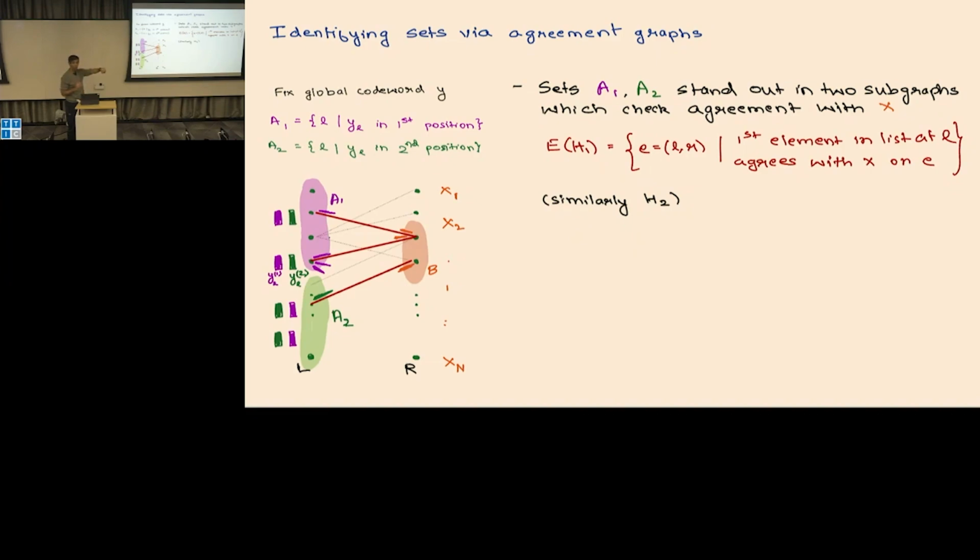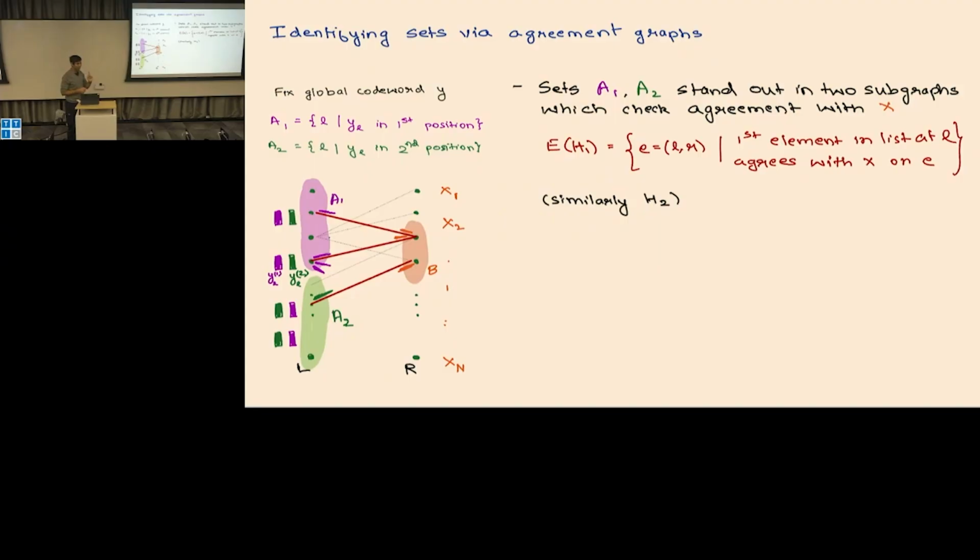It agrees with what I received. So X has a bit on that edge, and my first list code word has a bit on that edge. If they agree, I take that edge. I collect all these and call them H1. Similarly, I can define H2 where the second choice seems correct, at least on the edge. But let's talk of H1. Everyone okay with the definition of the graph?